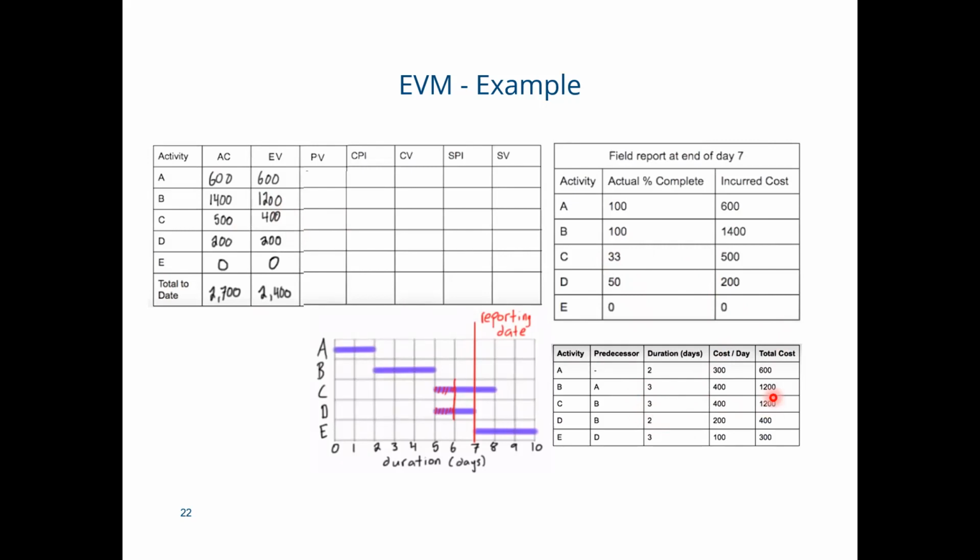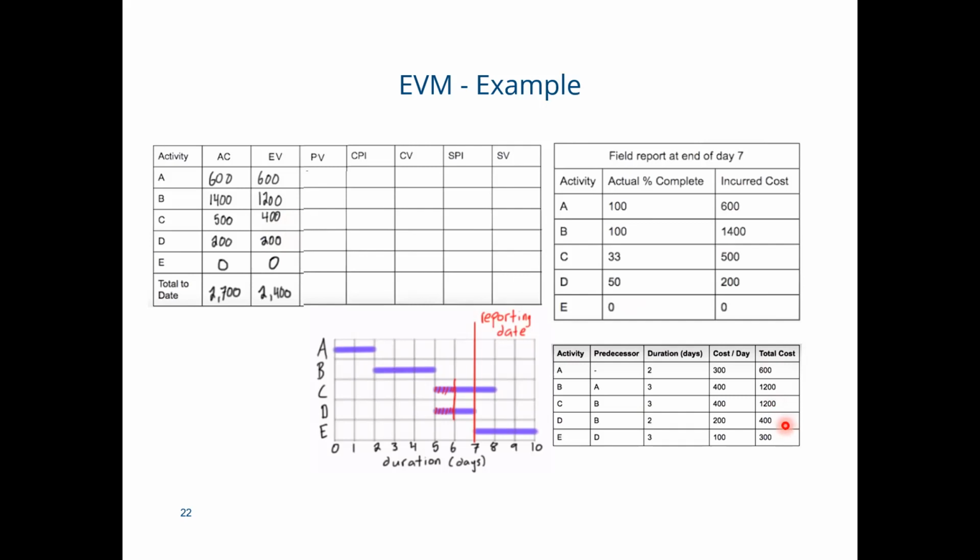The cost per day is 400, so the budgeted cost for activity C is $400. This is not the incurred cost, so don't get confused. In the earned value, we are putting the budgeted values, the total cost which we planned for these activities.